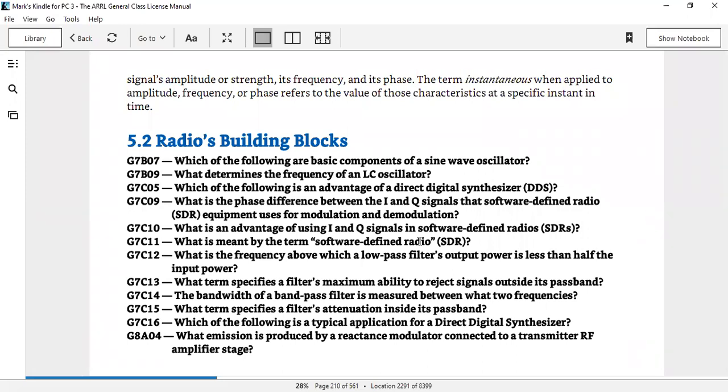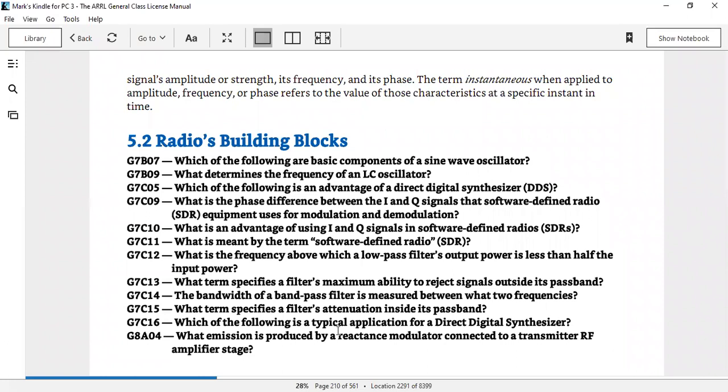A bandpass filter cuts off unwanted frequencies above and below, and only allows the frequencies within those two parameters to pass. That's why it's called bandpass. And what term specifies the filter's attenuation inside its pass band? Insertion loss.